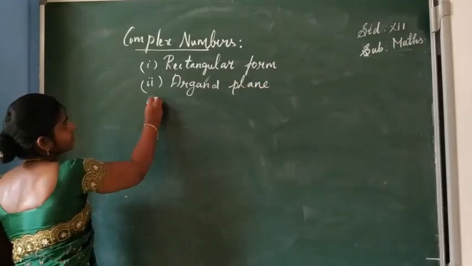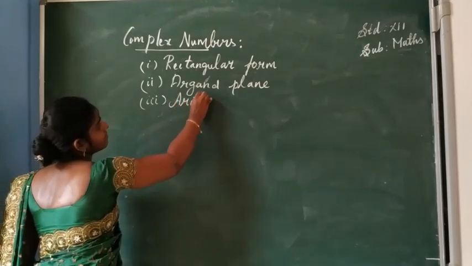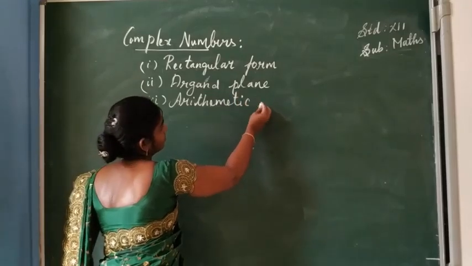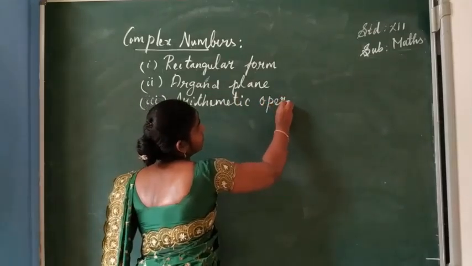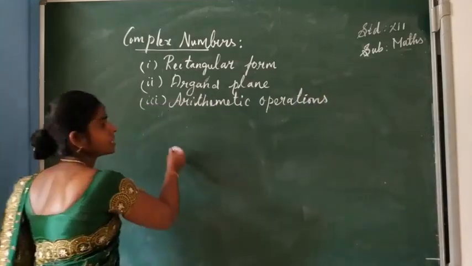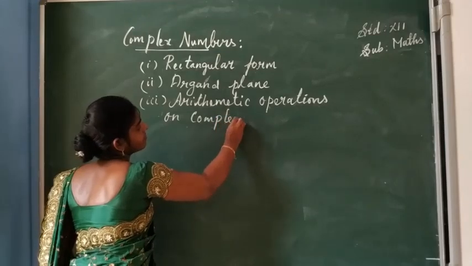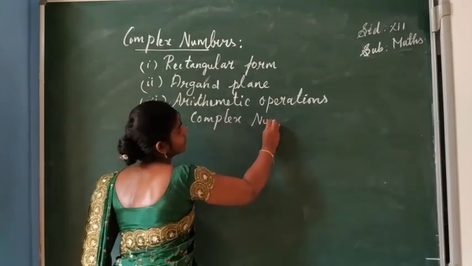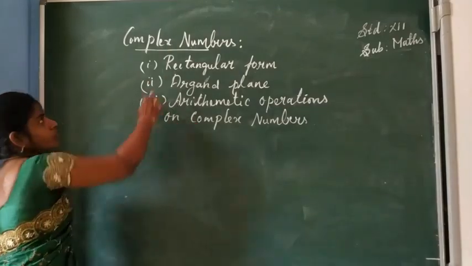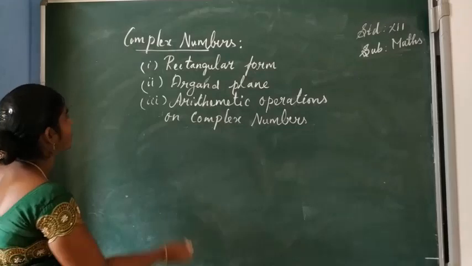Third one is arithmetic operations, operations on complex numbers. Let's move to the first topic, that is rectangular form.